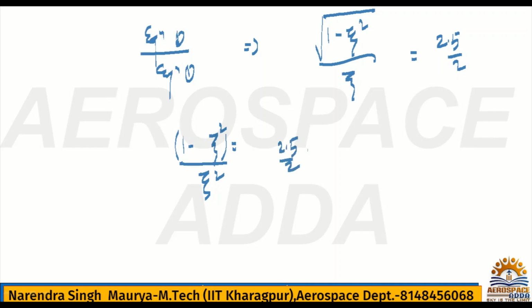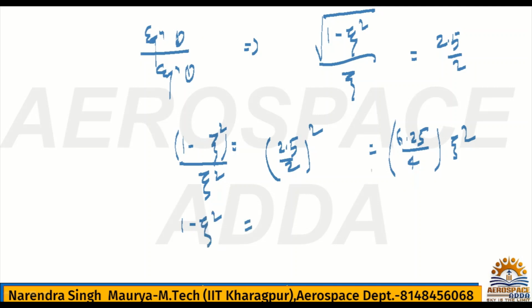Which is nothing but 6.25 divided by 4. Use the calculator. What is 6.25 by 4?